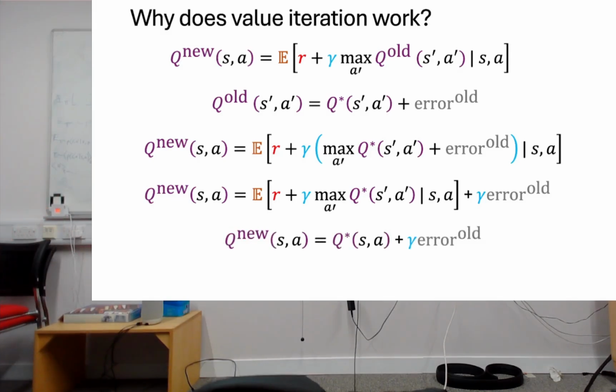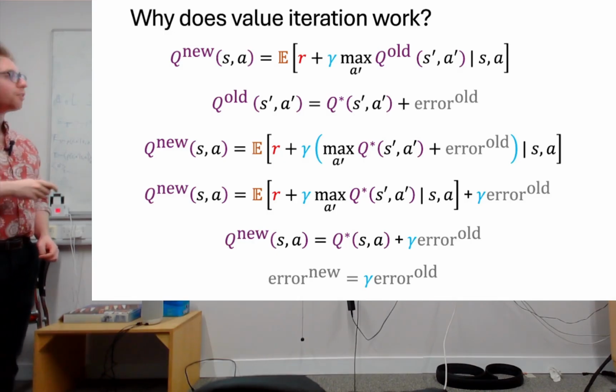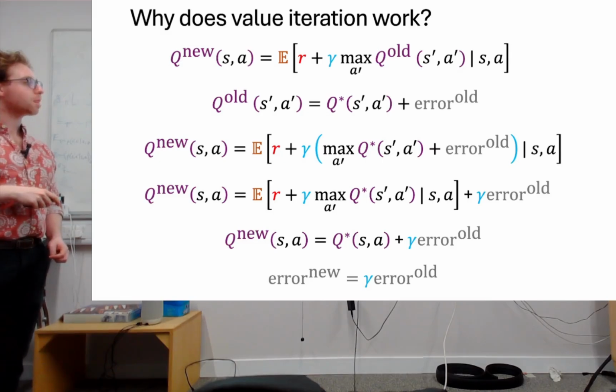So the final line I have is that my new approximation is equal to Q star of s, a plus gamma times error old. What does this tell me? This tells me that my new error is gamma times my old error. I know this was a very hand-wavy argument, but hopefully you follow it.